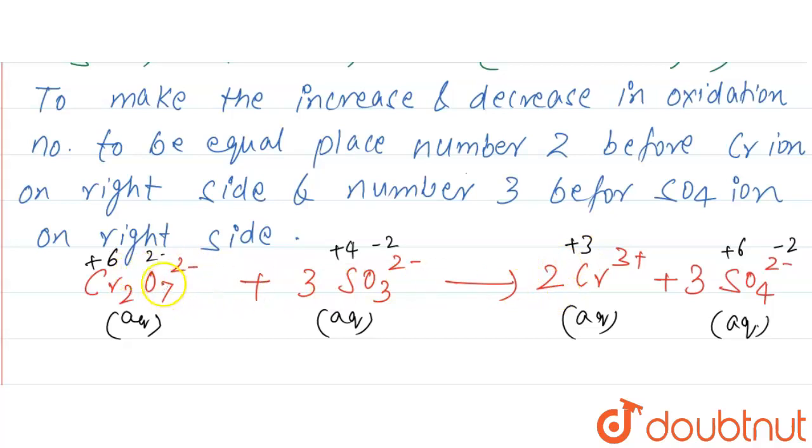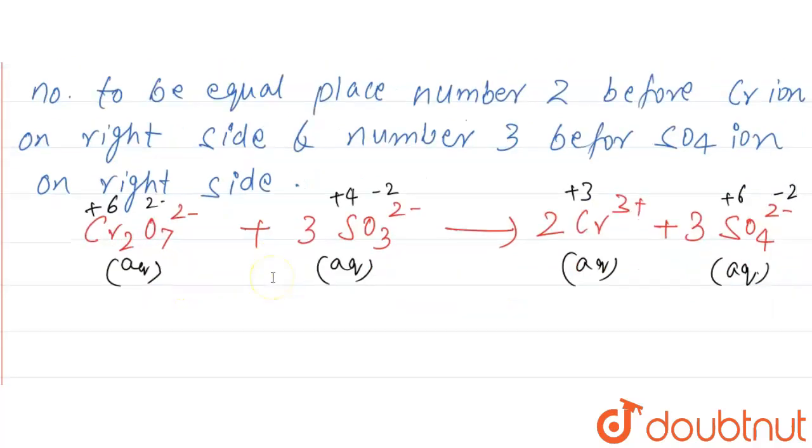Oxygen total: 7 into 2 minus is 14. Here 3 oxygens are there, for 1 it is -2, so for 3 it is -6, and there are 3 of them, so 3 into 3 is 9, 2 is 18.